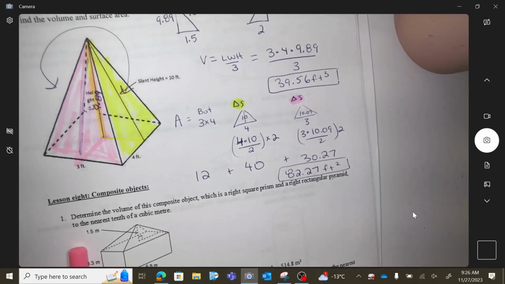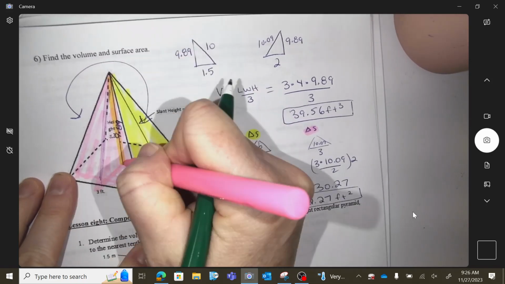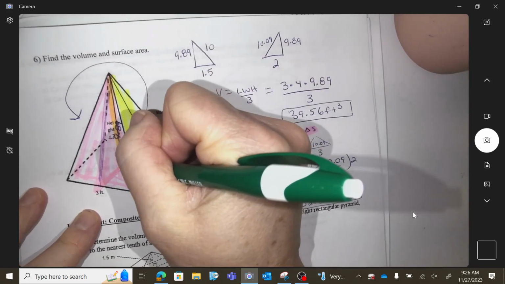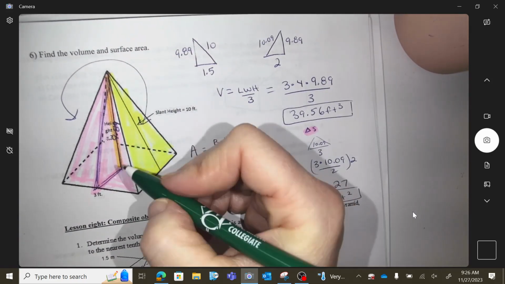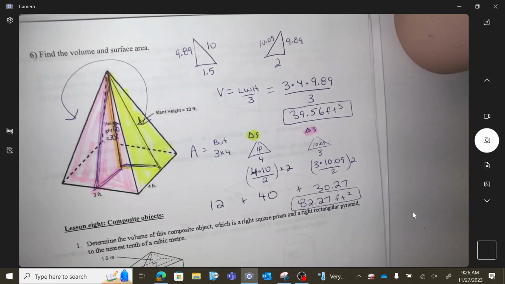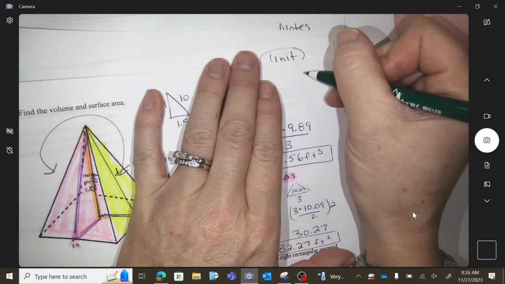Okay, so I really need you to focus on that visualization part of this. You have to visualize this interior Pythagorean idea. You really have to start visualizing that. Okay? Should we make a note for ourselves?